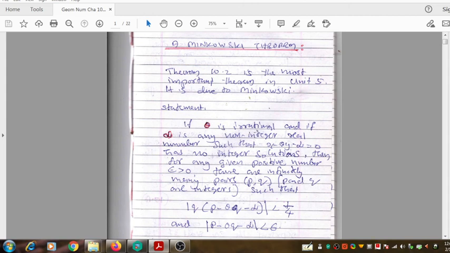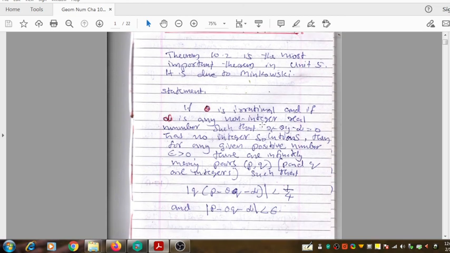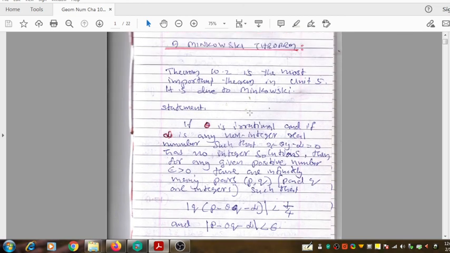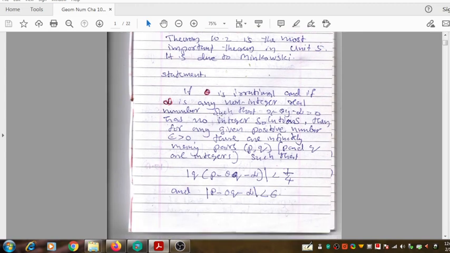But we did not discuss that point at the starting time of the theorem. Actually, by proving Minkowski's theorem, we are trying to approximate the irrational number.